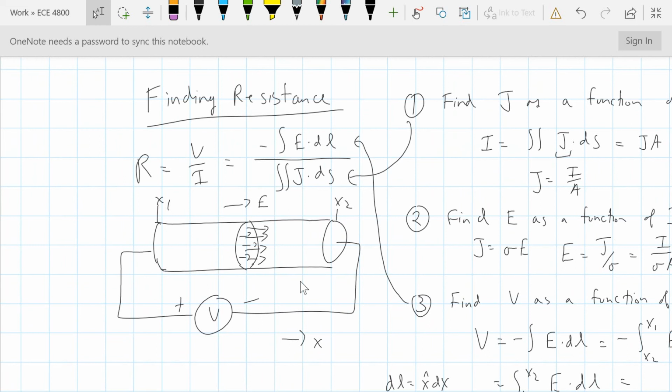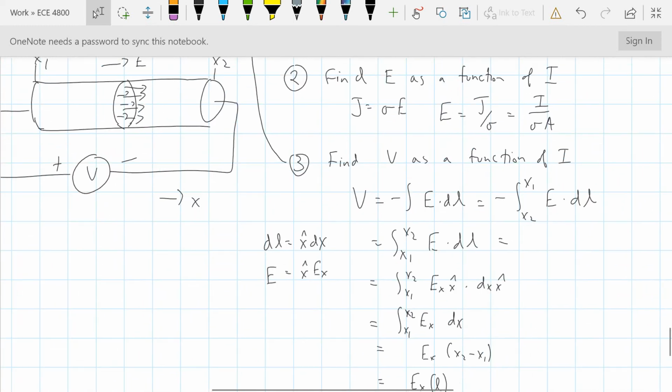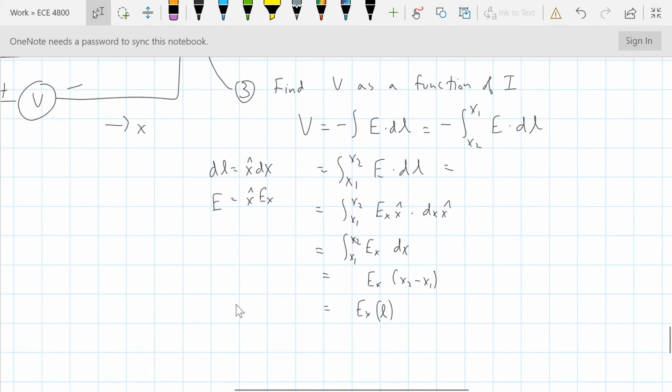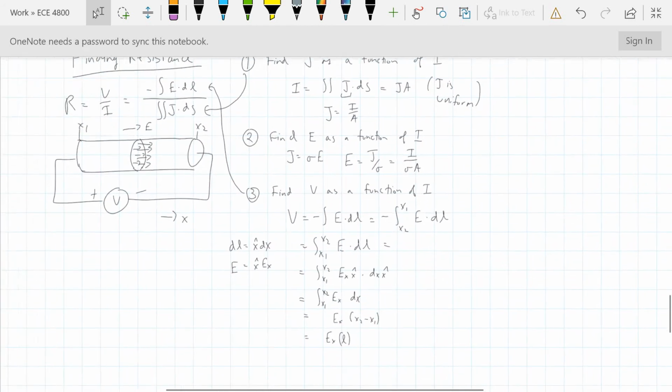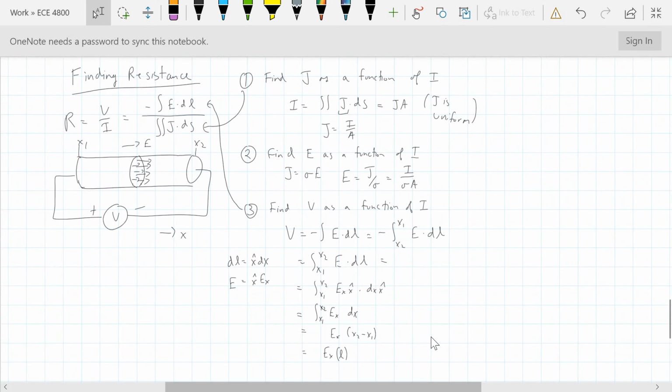The field is going to be the same at all positions of x. That's why you can do this. So the voltage is equal to the electric field times the length. I did a lot of math here, but if you know how to use it, this is just a one-step part.